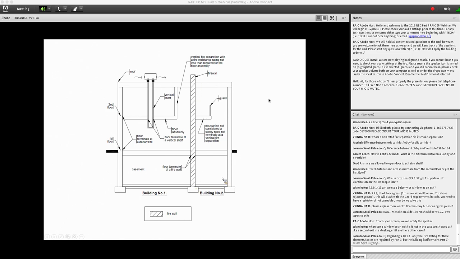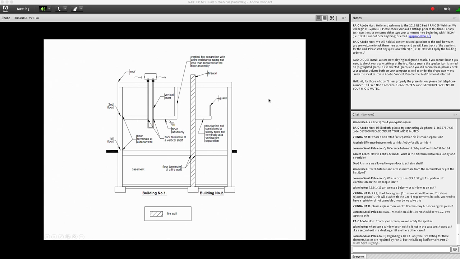The right side of the basement terminates at an exterior wall, so we meet that requirement. On the first floor level, we are terminating at a firewall or a fire separation with a fire resistance rating. The right side terminates at an exterior wall, so we also meet that requirement.